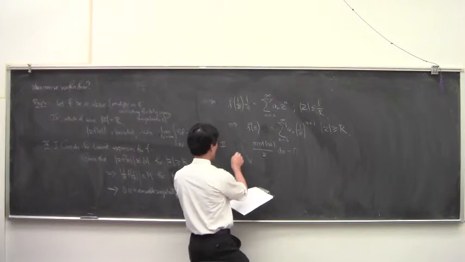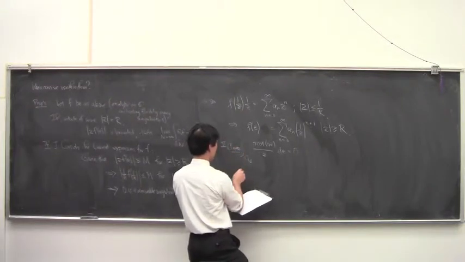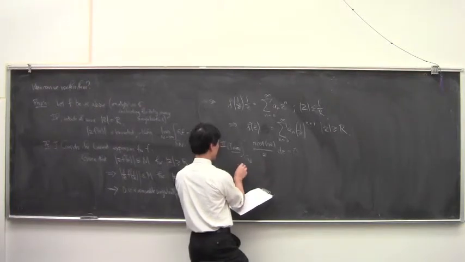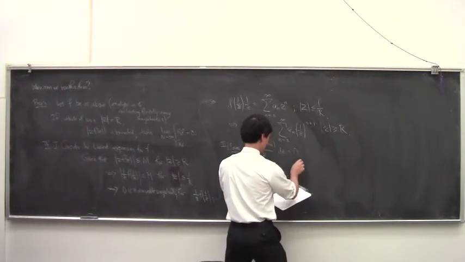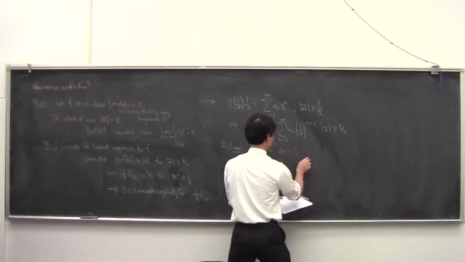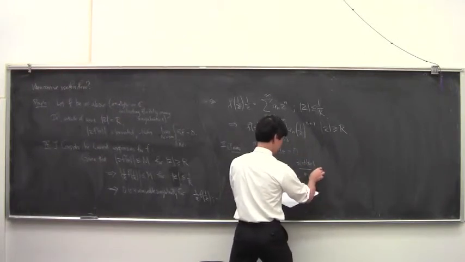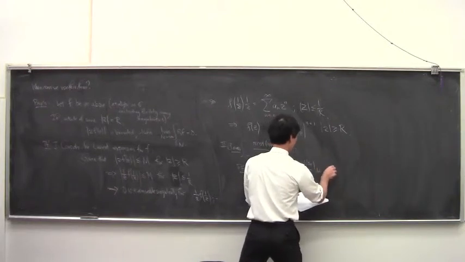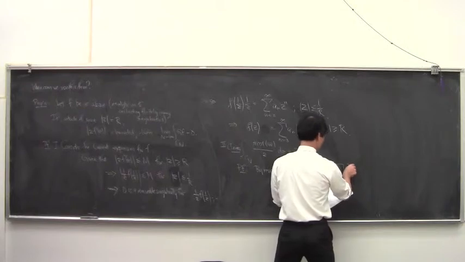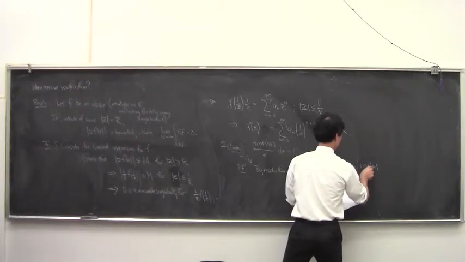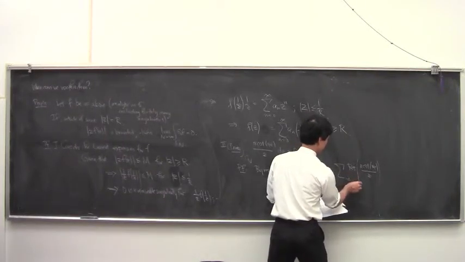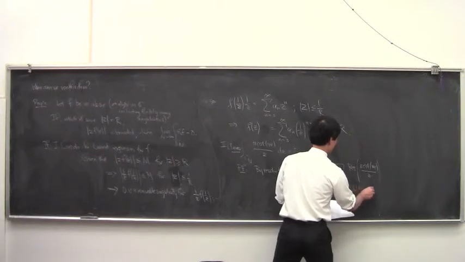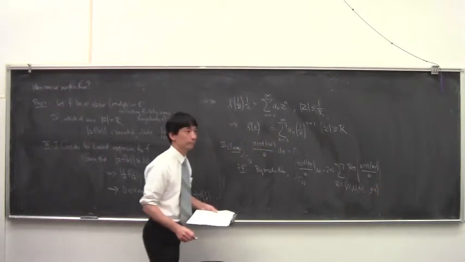So why is this true? Well, again by the residue theorem, the integral is going to be 2 pi i, of course, times the sum of the residues of the function at z equals 0, plus or minus 1, plus or minus 2, up to plus or minus n.